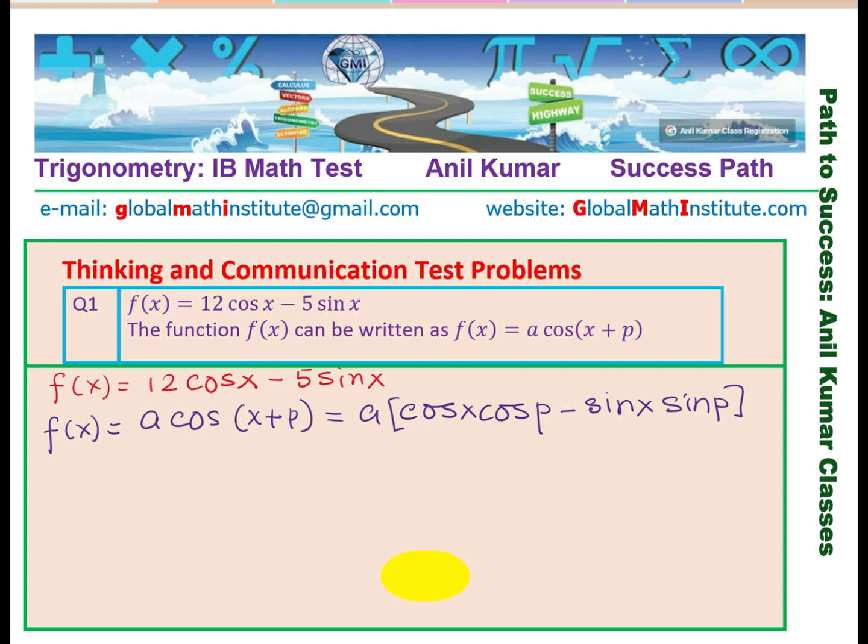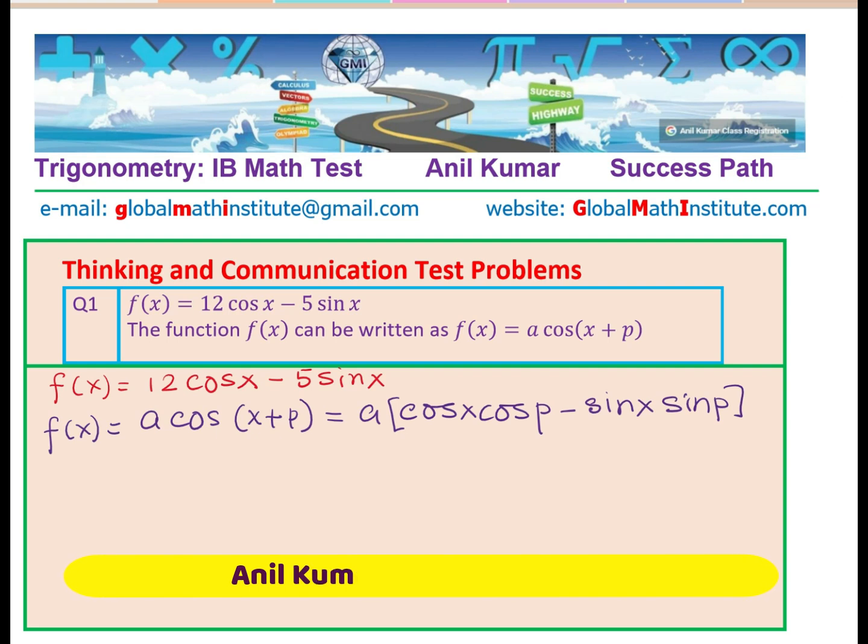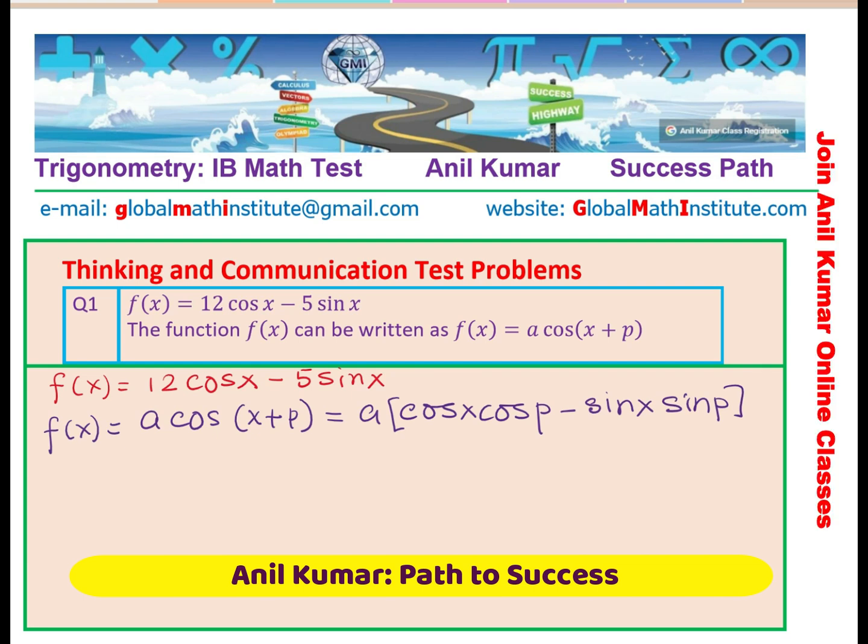If you compare the first and the second equation, you can definitely find the values of cos p and sin p. Well, they cannot be more than 1, right? So how could I relatively write down the first equation? The key here is that 12 and 5 are more than 1, right?